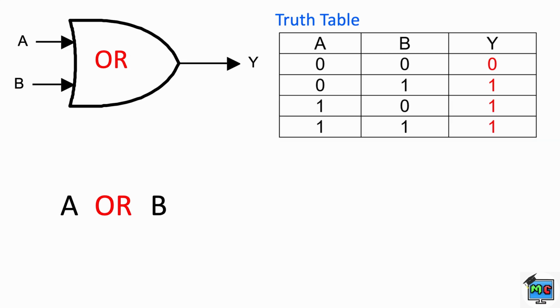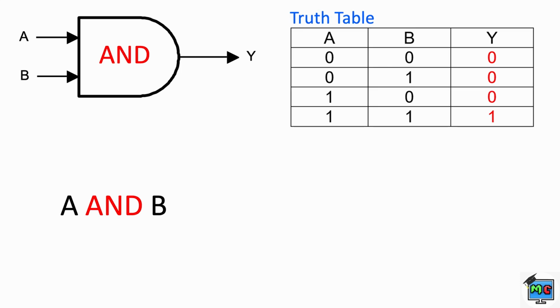Next one, we have the OR gate. In this case, A and B going in through the OR gate. So we need to replace the word OR. The way to do it is A, input B, and you replace the word OR with the plus sign. This plus sign represents OR. So input A and input B going through the OR gate.